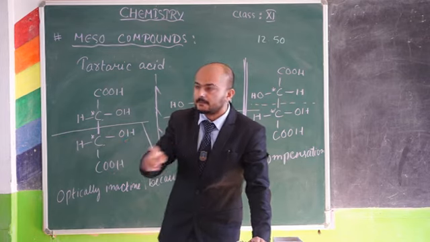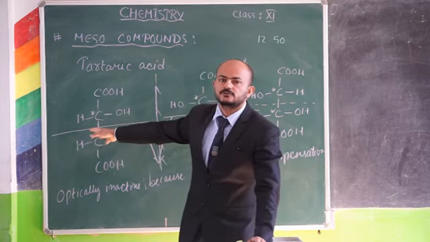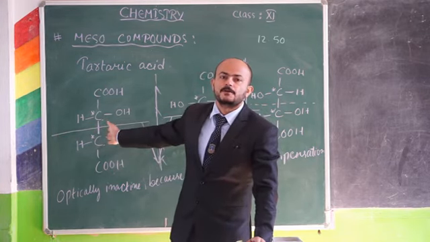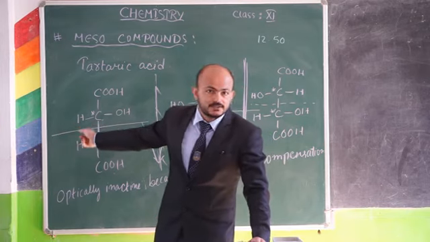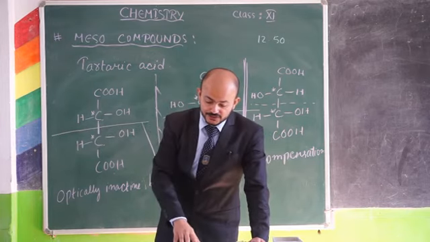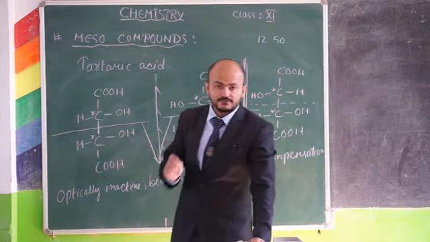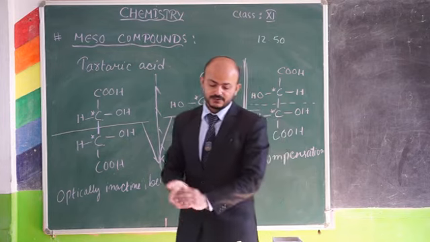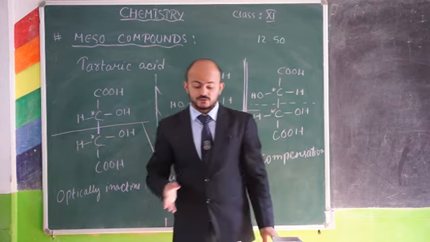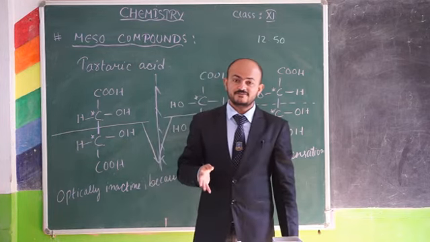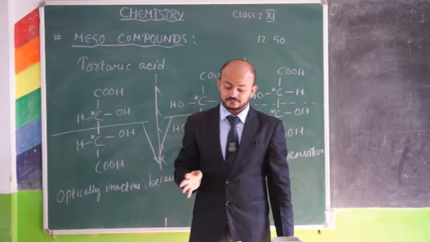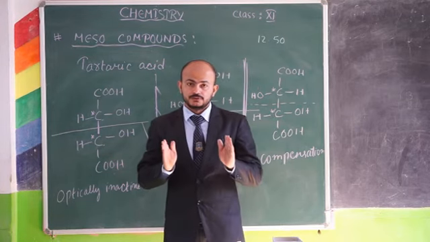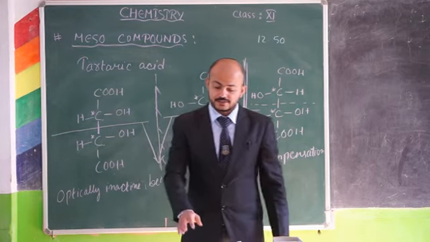Remember, if you take just one molecule of the meso form, it is optically inactive because of internal compensation. On page number 12.50, again, you have the difference between racemic mixture and meso compound. You can go through these differences, and they are very important. I have told you the most important differences.